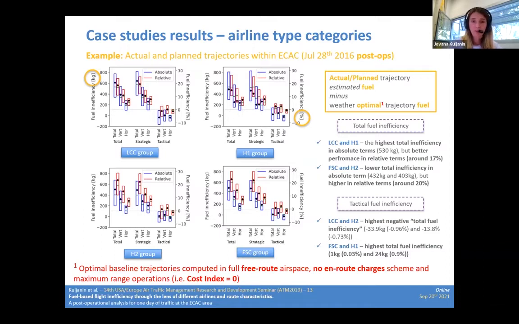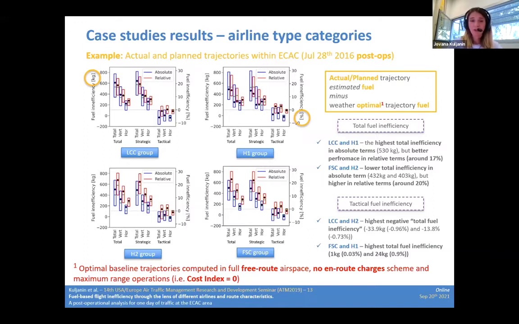However, it's worth mentioning that the carriers from LCC and the H2 group, they have the highest negative total fuel inefficiency, accounting for minus 1%. While the carriers from FSC and H1 group, they have highest total fuel inefficiency, around 0.03%.